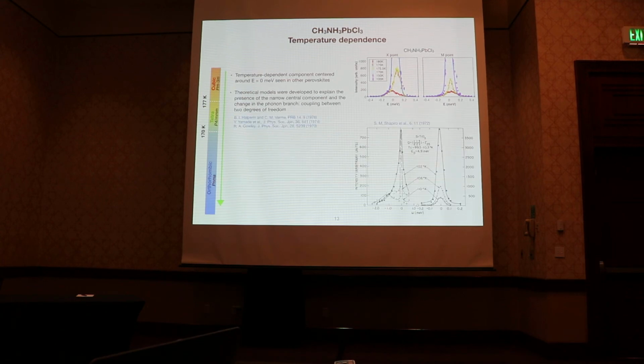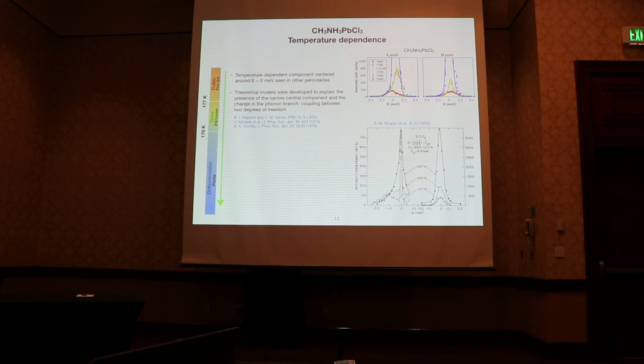So I'd like to discuss a little bit more about this figure. The fact that we see this central component that is centered around energy equals 0, and also the fact that we don't see any critical fluctuation, any fluctuations in energy that are temperature dependent and show any critical behavior.